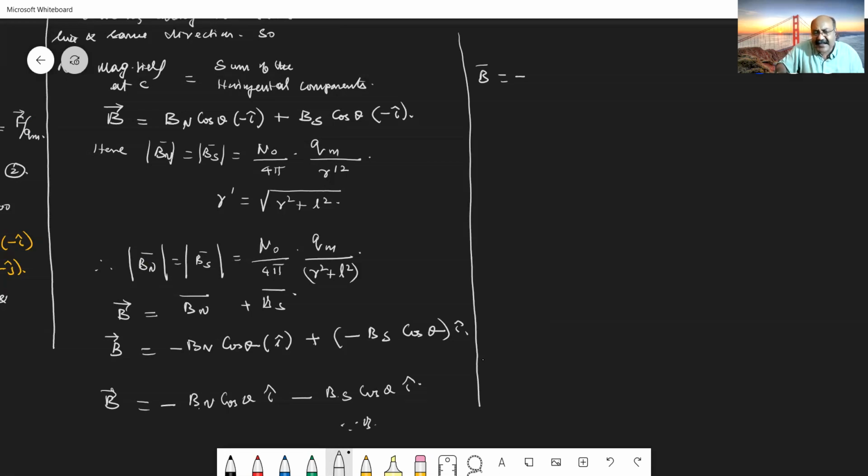Since Bn is equal to Bs, if I put Bn instead of Bs, it is minus of 2Bn or Bs cos theta i cap. Am I correct?